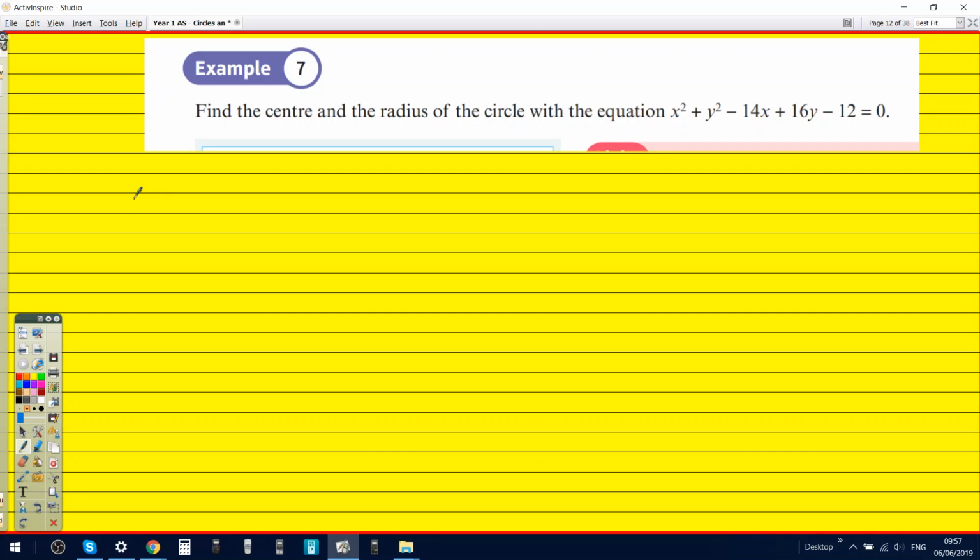X squared. So group the x and the y, sorry. So plus 16y minus 12.